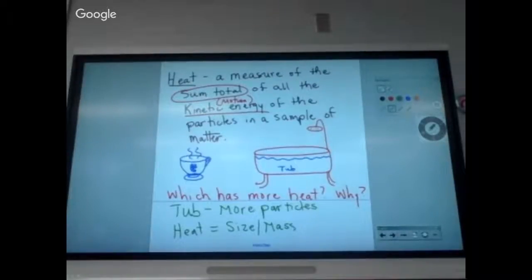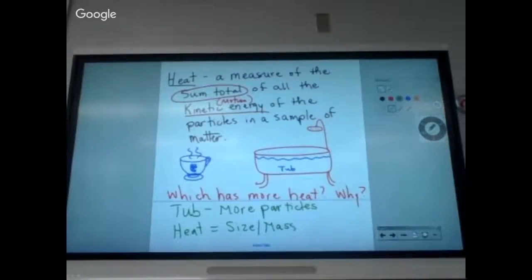It will probably still have more heat than that hot coffee cup because there are so many more particles than the hot coffee cup. For example, a frozen lake will have much more heat than a hot swimming pool in the summertime because there are millions of more particles in a frozen lake than there are in a swimming pool. Think about the massiveness of a lake versus a swimming pool.